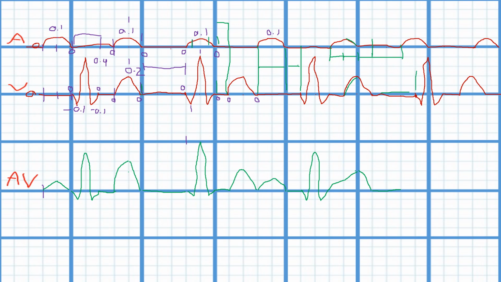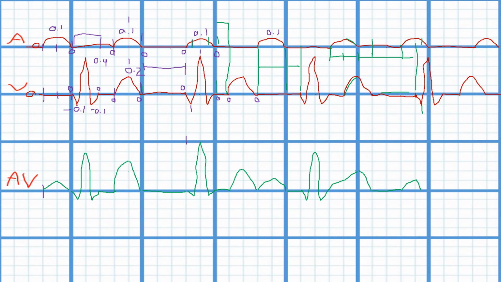All right, so right here, I just have atrial activity. So from 0 to 0.1, I've got it right here. Now, here's where it gets a little complicated. I'm half a box over, I'm at negative 0.1. I'm a half a box over, we'll say 1/2. So we're going down to 0.